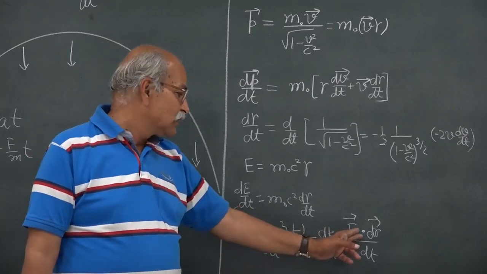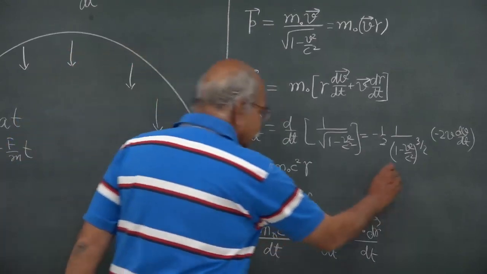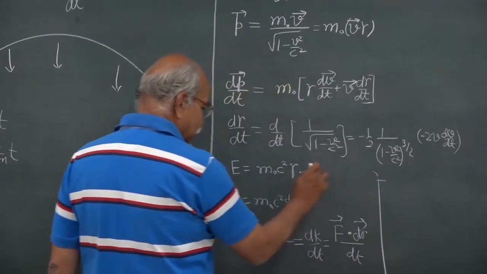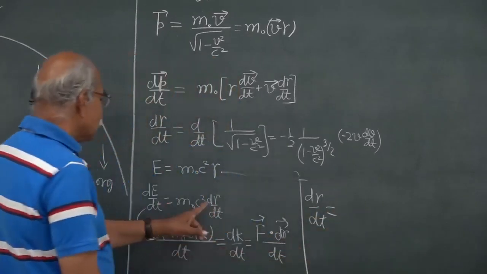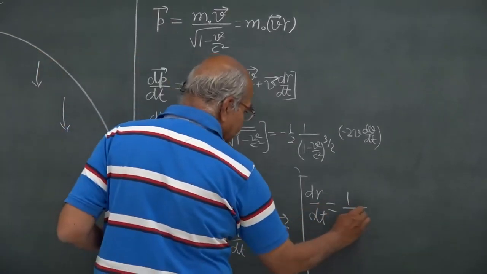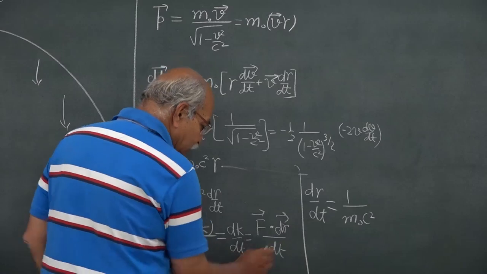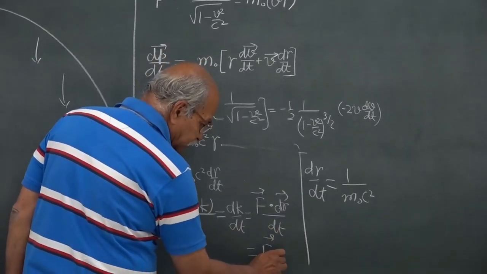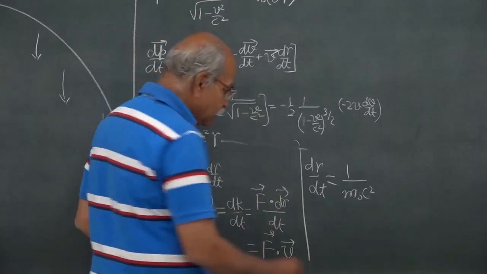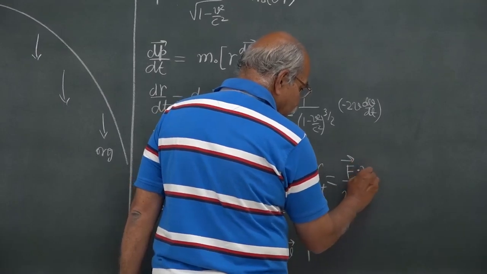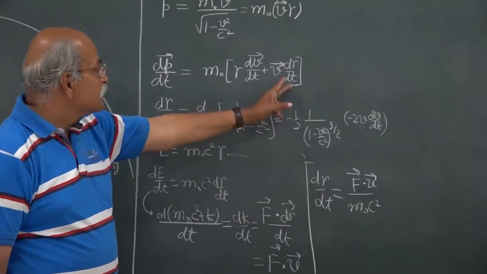So, dK is F dot dr, and hence you can write d gamma/dt is equal to 1 by m naught c square times dE/dt, and dE/dt you can write as F dot v, since dr/dt is v. So, F vector dot v vector, this is d gamma/dt.